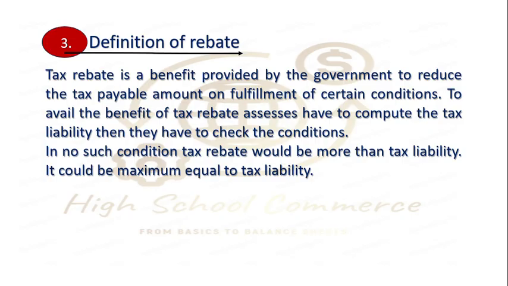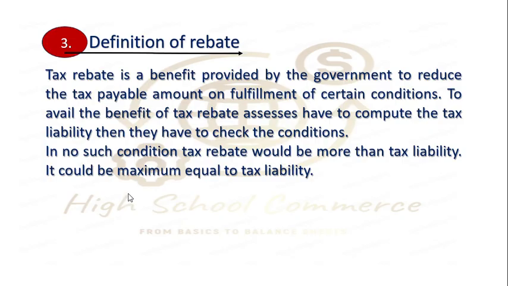Once we fulfill all those conditions, we are allowed to take the advantage of tax rebate. One point we also need to understand is that the tax rebate cannot be more than the calculated tax payable amount. It means the maximum tax rebate we can take is equal to the tax liability that we have calculated.